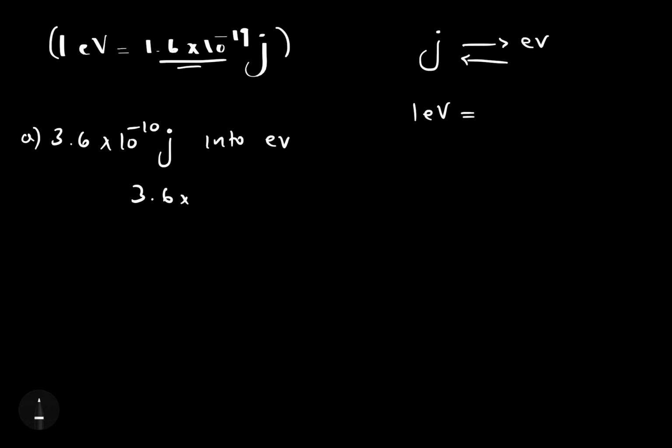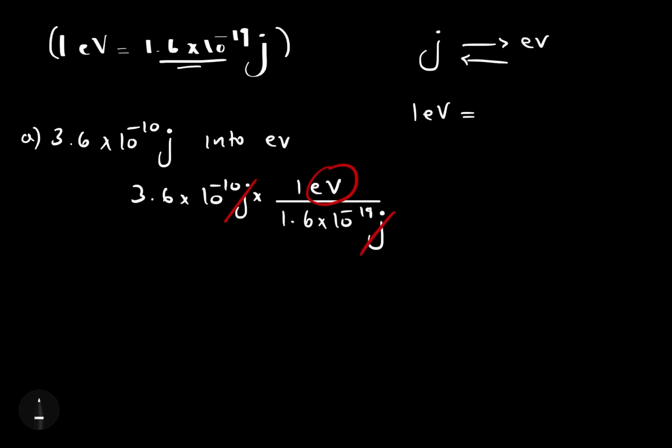So 3.6 times 10 to the power of negative 10 in joules is multiplied by 1 electron volt, which is the new unit that we want, divided by how much is 1 electron volt. So 1 electron volt is technically equal to 1.6 times 10 to the power of negative 19 joules. This way, the joules get canceled out, and the new unit is electron volts.